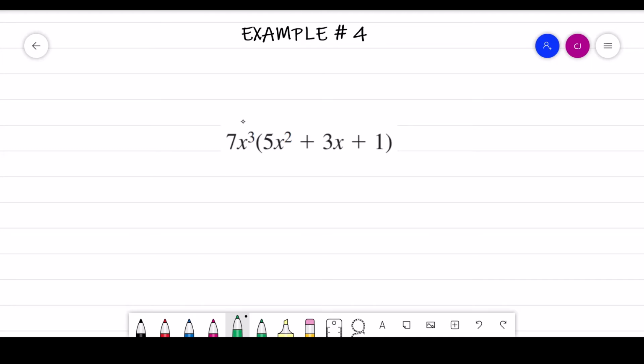To calculate the height, or how many boxes we're going to stack for the height, we have to get the degree of this monomial, which is, well, the degree or the highest exponent is going to be 3. Therefore, our height is going to be 3 plus 1 more, which is going to be 4.